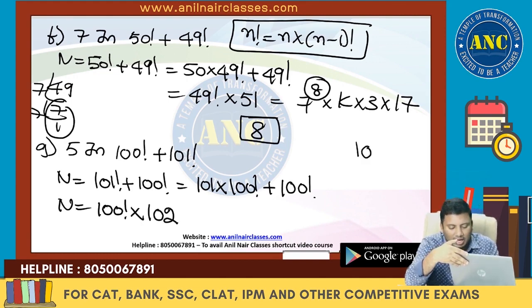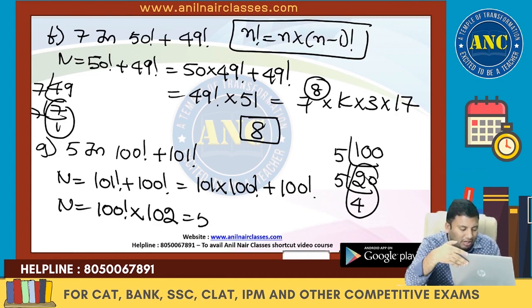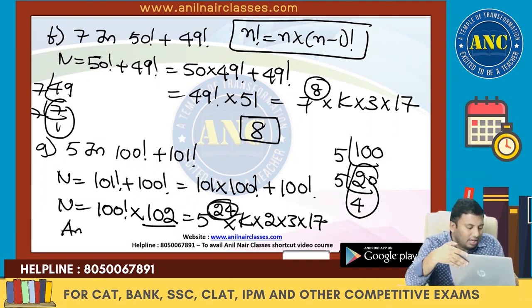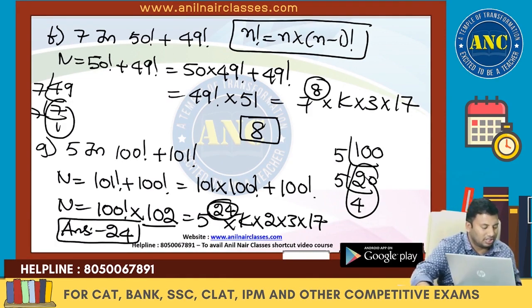What is the highest power of 5 in 100 factorial? 5 twenties, 5 fours, 20 plus 4 is 24, so 5 power 24 into k. This 102 is 2 into 3 into 17. What is the highest power of 5 in this term? The answer for this question is 24. Till here it is clear, right?